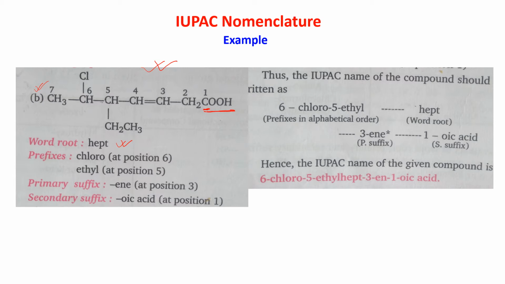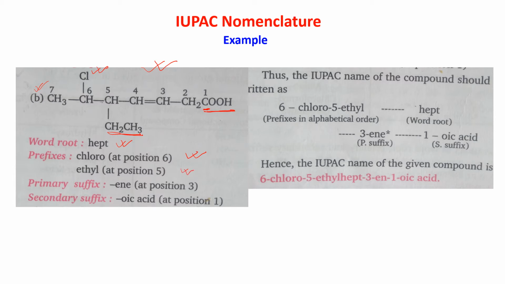There are 2 prefixes. One is this CH2CH3 ethyl group. Another is the chloro group. Now you have to write the group with the position. The chloro group is in the 6th position, so chloro at position 6. Ethyl is in the 5th position, so ethyl at position 5.